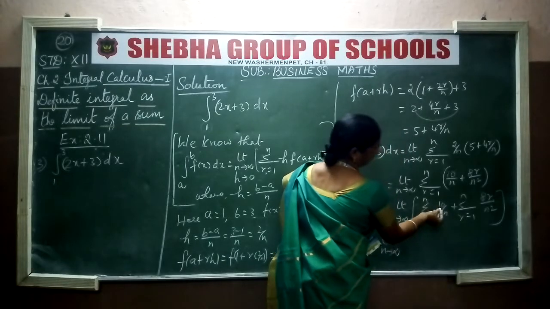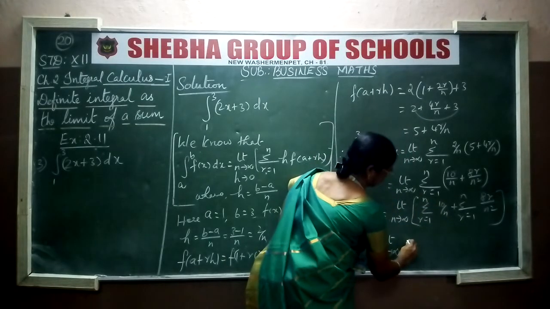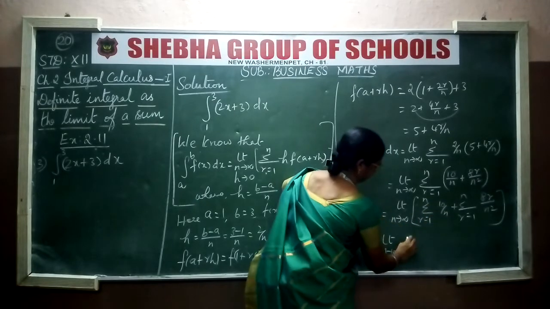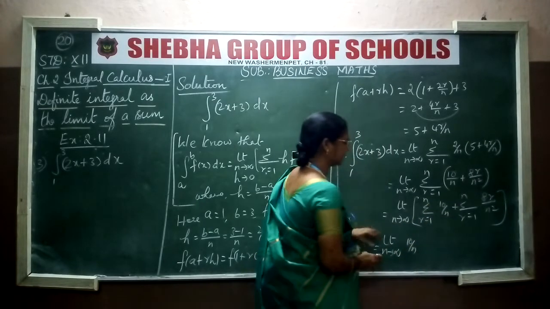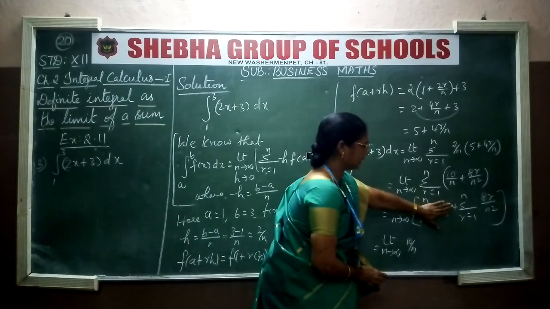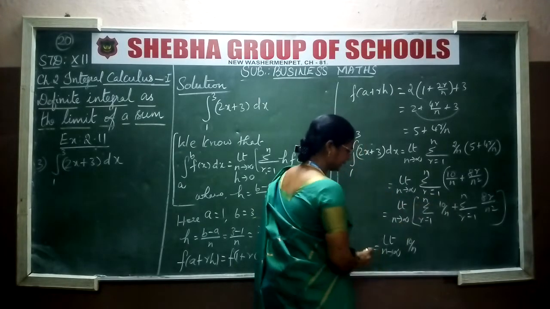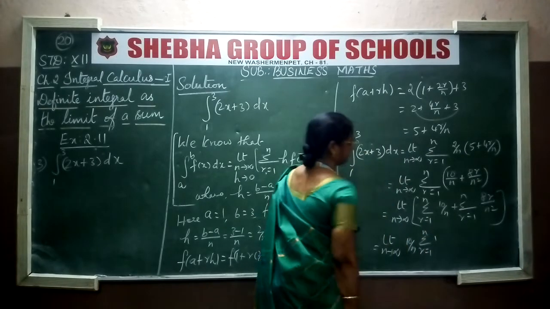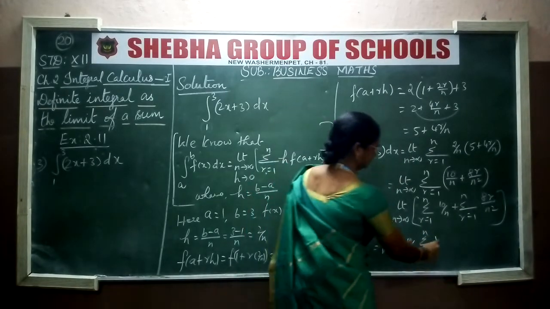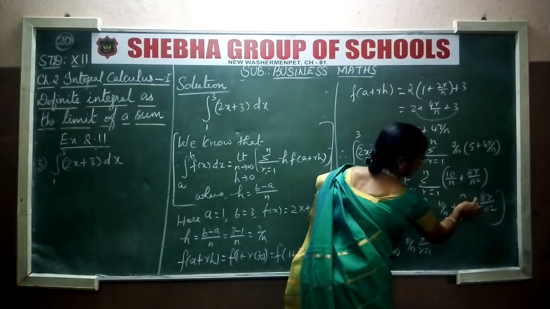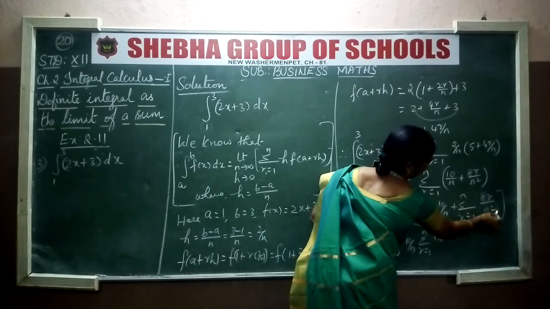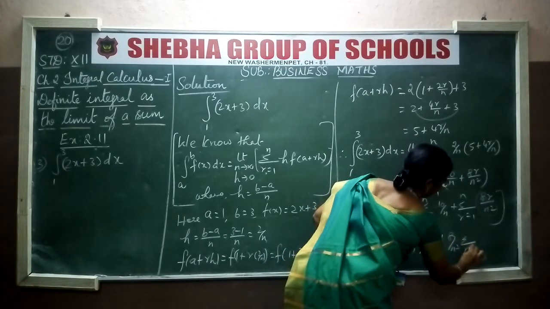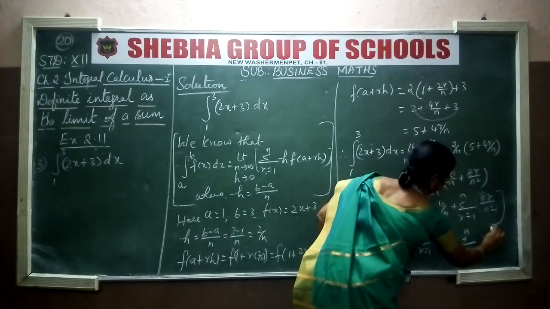Now taking the constant term outside, here the constant term is 10 by n. We treat it as a constant because there is no r in it. Taking it outside we get sigma r equal to 1 to n of 1, plus, here the constant term is 8 by n square, sigma r equal to 1 to n of r.